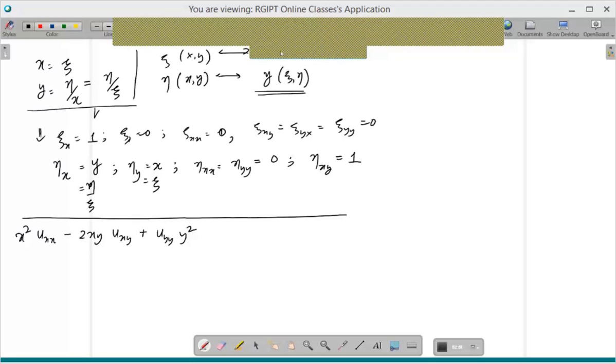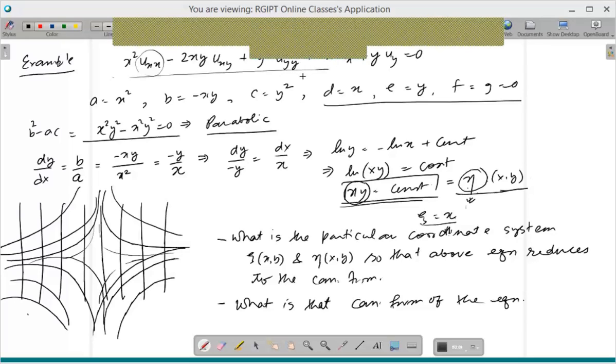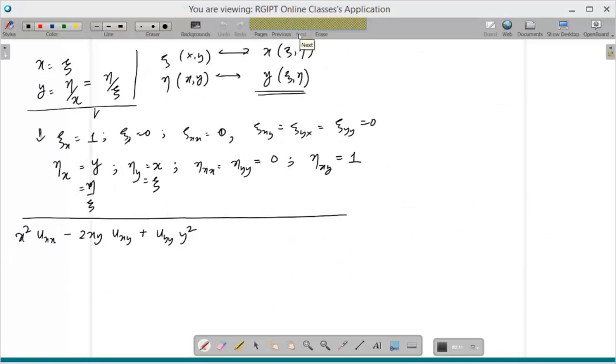Let's check. Plus 2x ux plus y uy. This was your form, right?